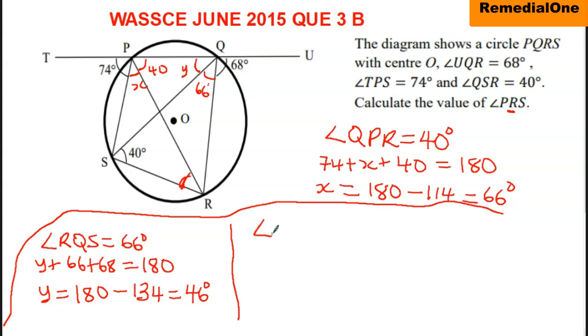Angle SQP is now 46 degrees, and this angle is the same as angle PRS. So therefore, angle PRS is also equal to 46 degrees, and the reason being that angles on the same segment.